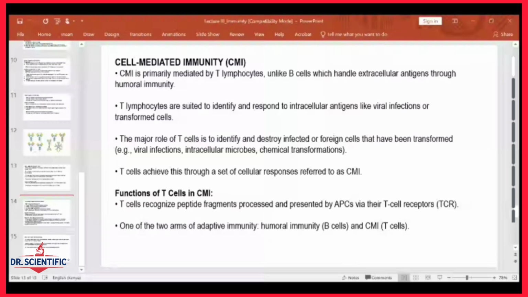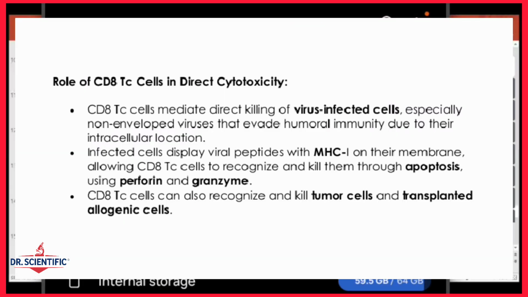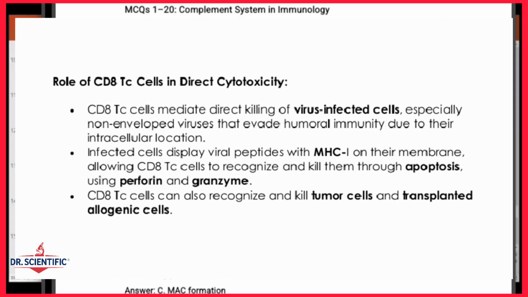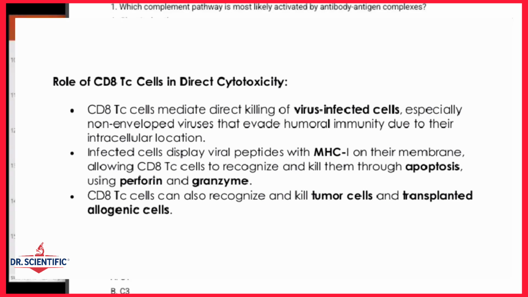I think we've discussed with your class rep that tomorrow we should be having another session, which will maybe focus on humoral immunity and probably get a bit into clinical immunology.